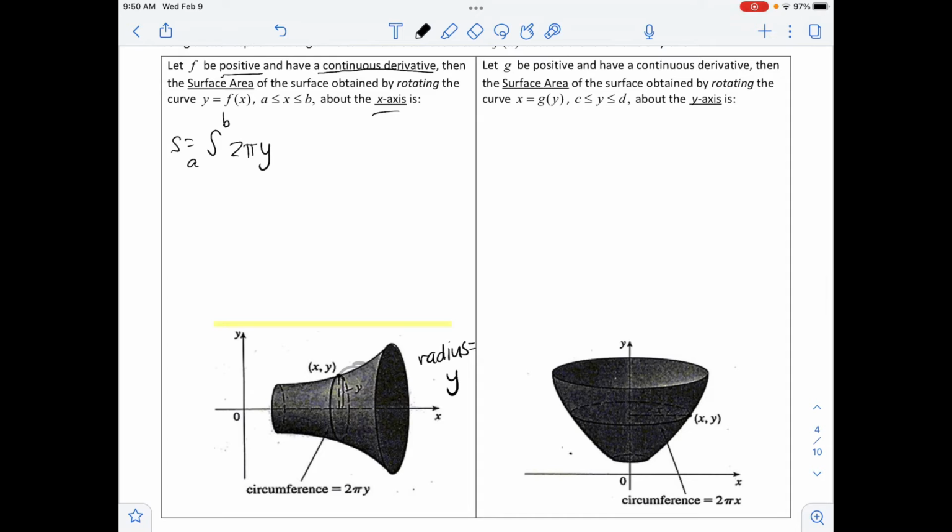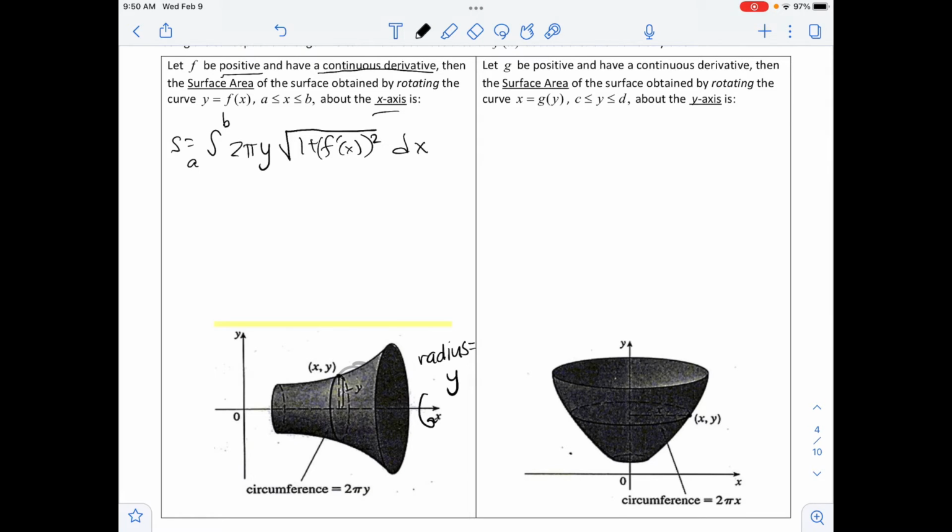And so we have 2 pi y times that length that we have. And that length is found by what we did in the last section, which is the square root of 1 plus the derivative squared, and then dx, since we're rotating it about the x-axis.